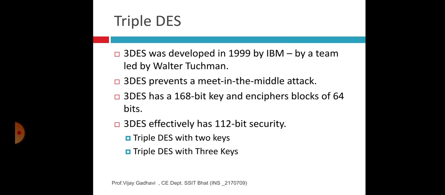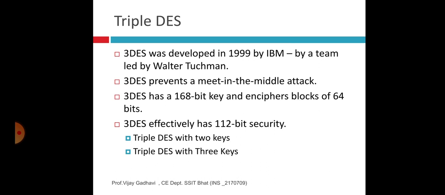Now we are starting triple DES. Triple DES was developed in 1999 by IBM by a team led by Walter Tuchman.